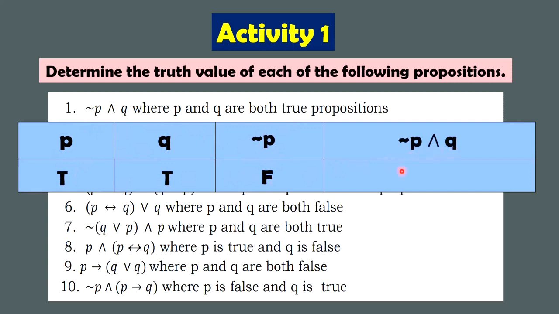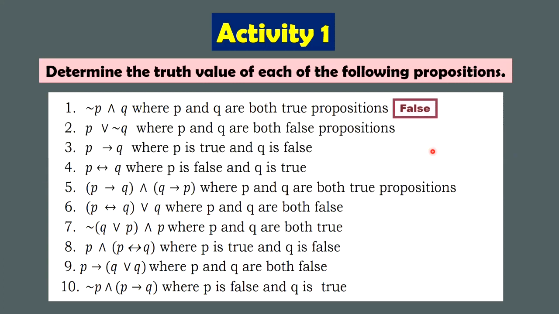So, i-combine natin ito. Ito yung truth value ng not P, ito naman yung Q. So we have false for not P, tapos true naman for Q. And we use the connector and. So that's why it's false. Okay, so number 1 is false.